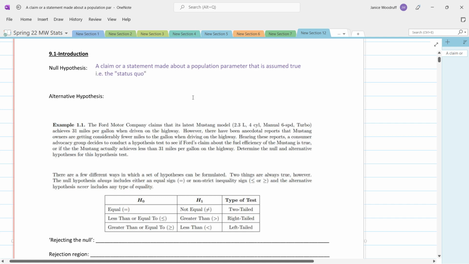And the notation for this is going to be H sub 0. So that is your null hypothesis.